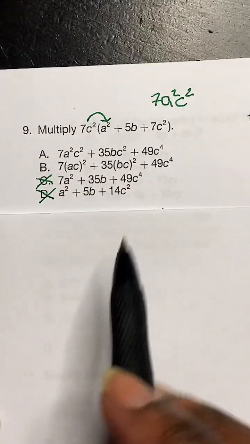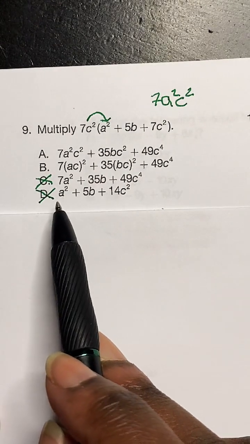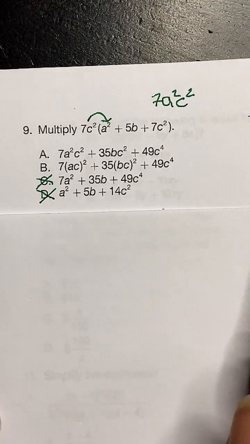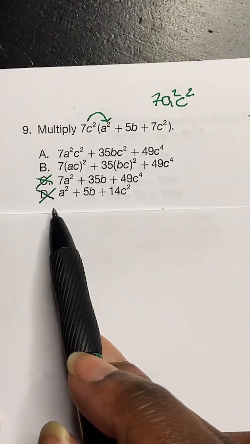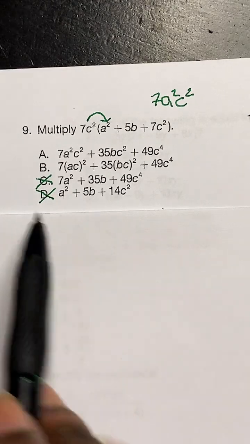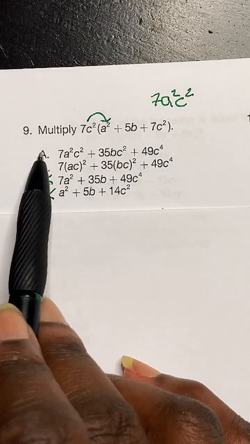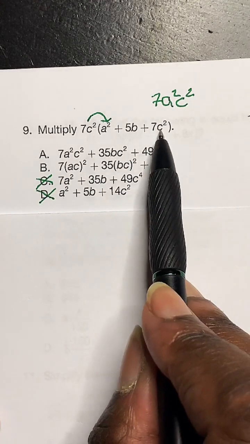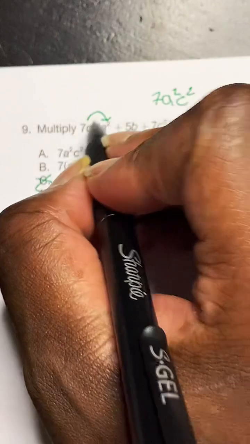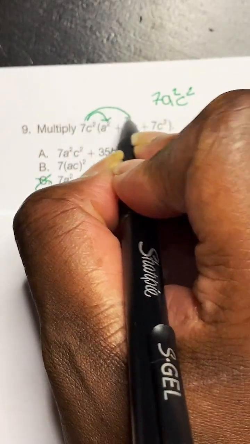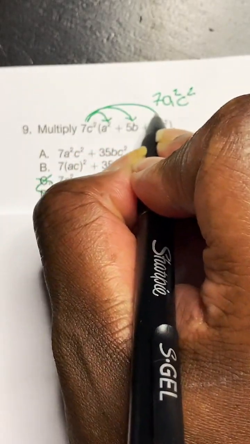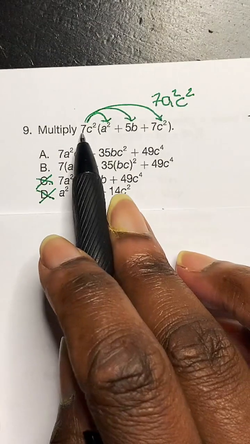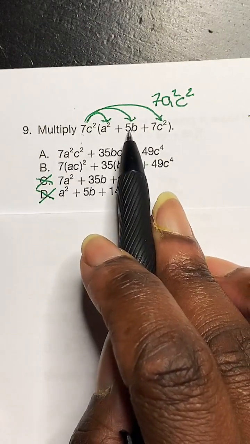What happened to my c squared? Did we factor it out? Maybe, maybe not. So now I get to focus on my A and my B. Sometimes they give us a little clue with the last term. So let's do the middle term.